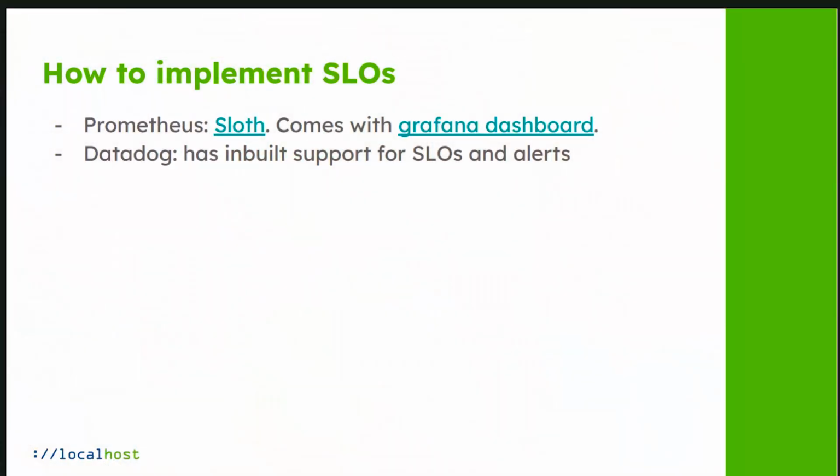So how do you implement SLOs? That's the question. Different people have their own implementations of SLOs. Originally, when we started our own project on SLOs, we first did everything manually. We created our own Prometheus rules for different services. We defined alerts for them individually.